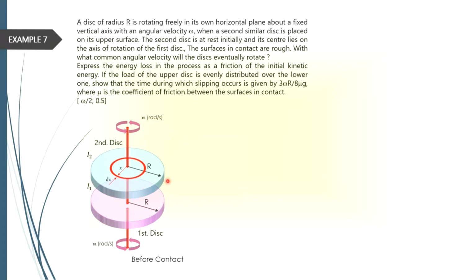They are lying in a horizontal plane, and they are rotating on the same axis. The load of the upper disk will eventually be equally distributed on the upper surface of the lower disk. So you have to consider mg, the weight of the upper disk, acting on the lower disk, equally distributed.